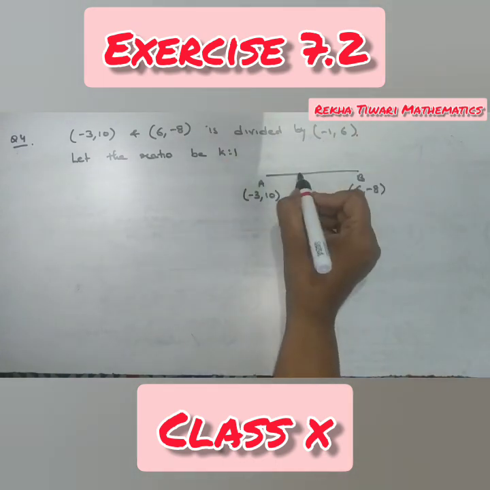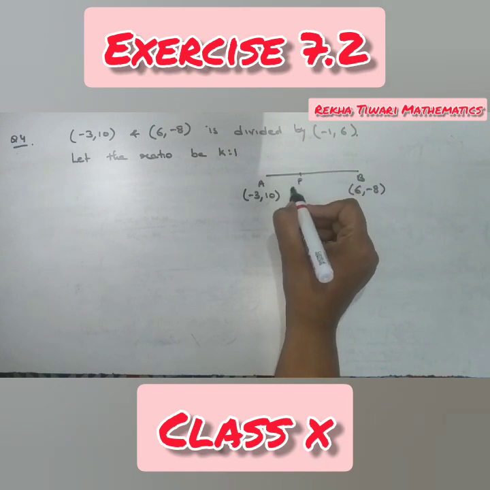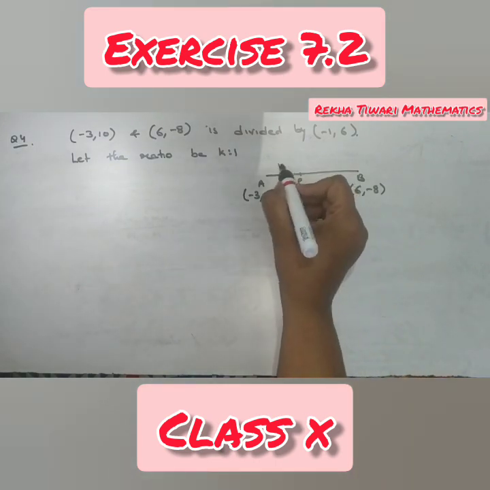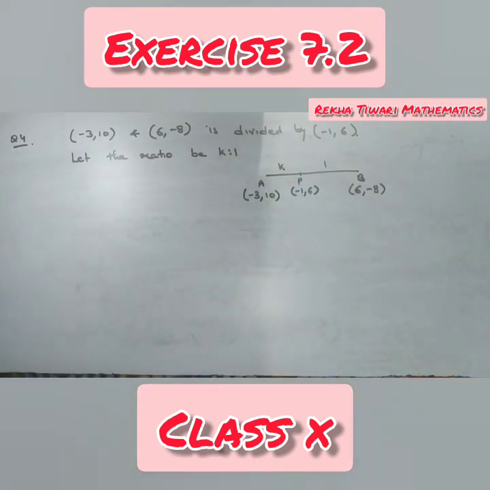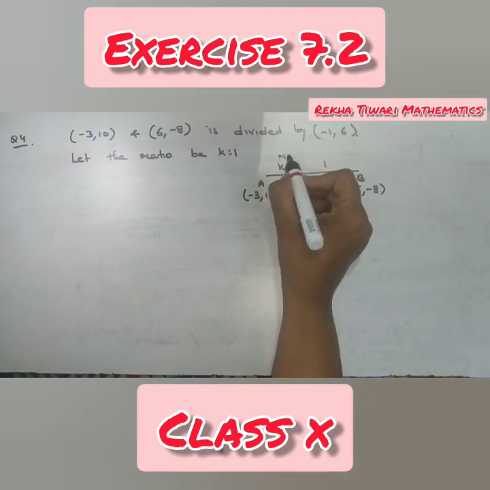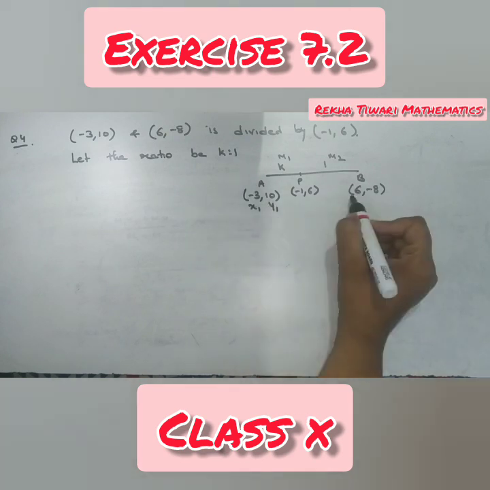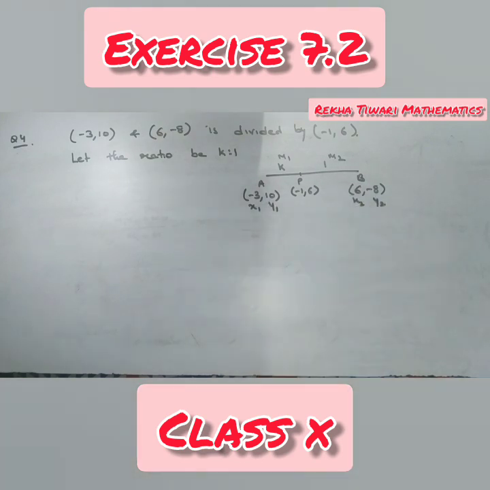This is divided by some point whose coordinates are also given to you, (-1, 6). And the ratio is k is to 1. It's my assumption, it's not given. So put down the values. This is m1, this is m2, x1, y1, x2, y2.